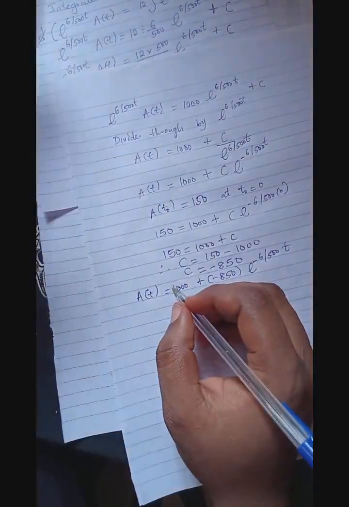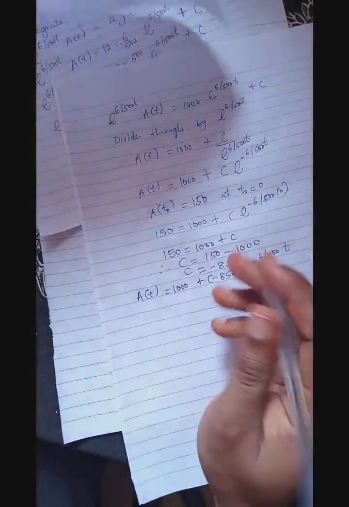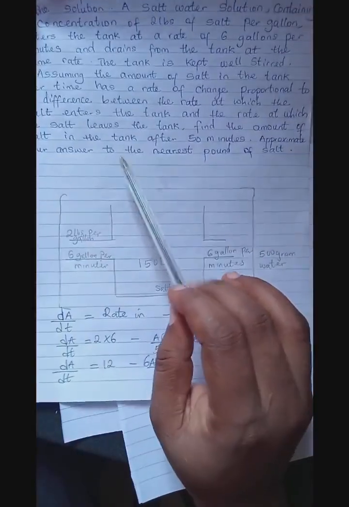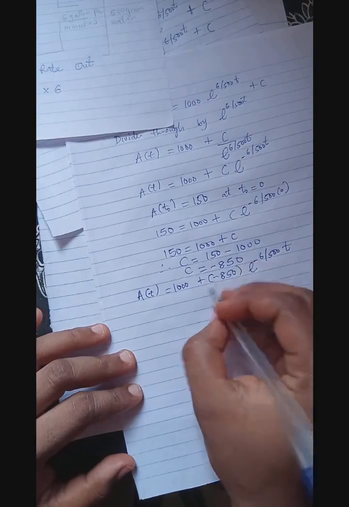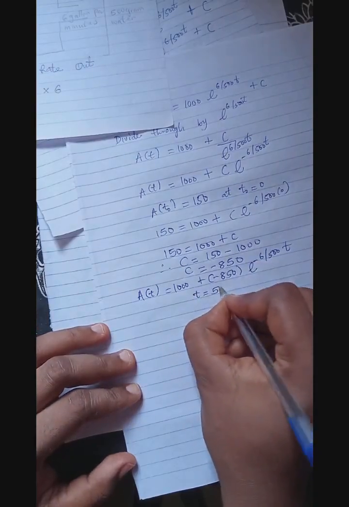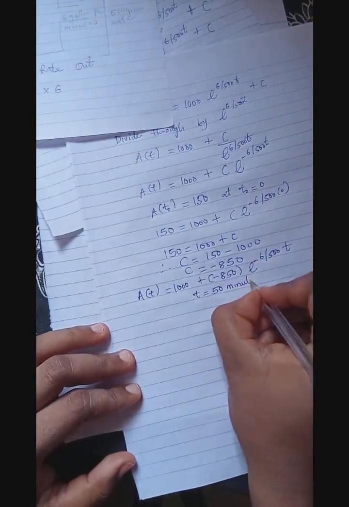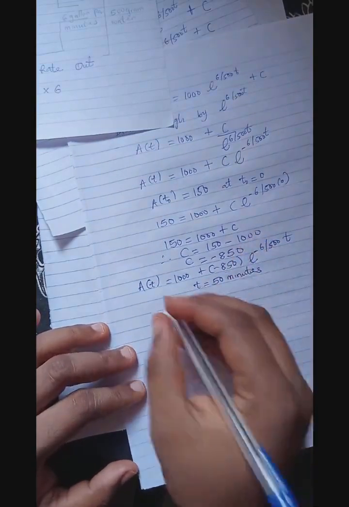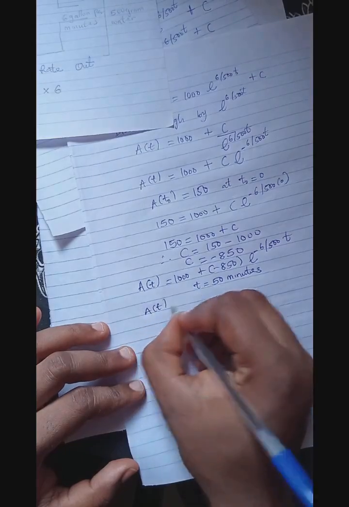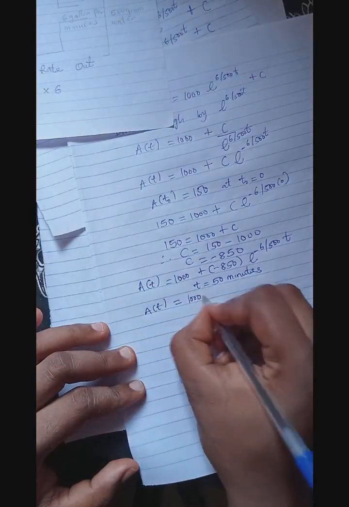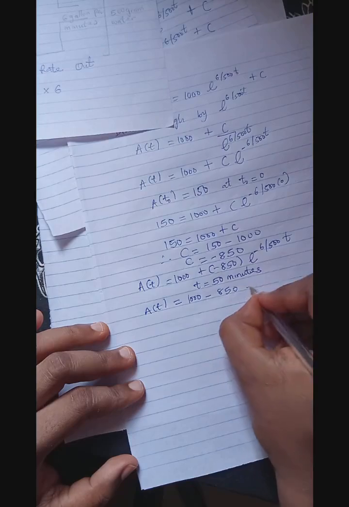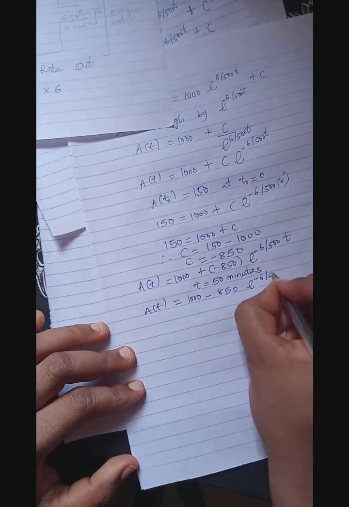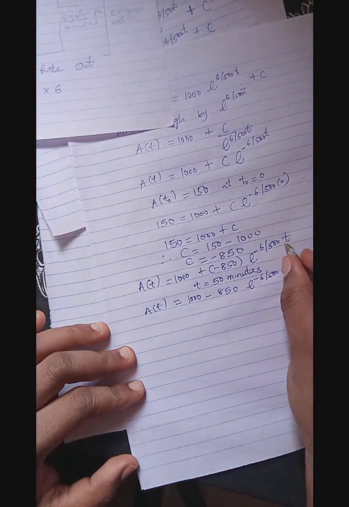So we go back to the question: find the amount of salt in the tank after 50 minutes. So the time now is 50 minutes. We have A of t equals 1000 minus 850 e to the minus 6 over 500 times 50.